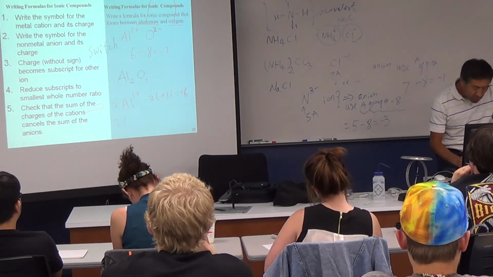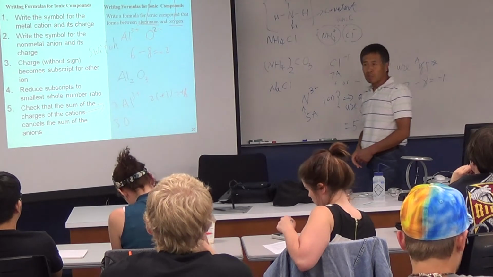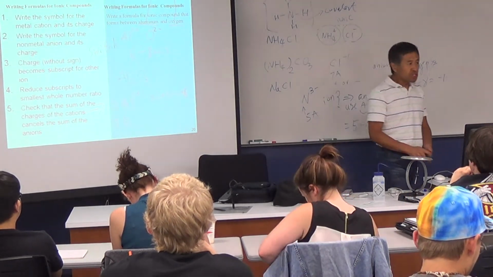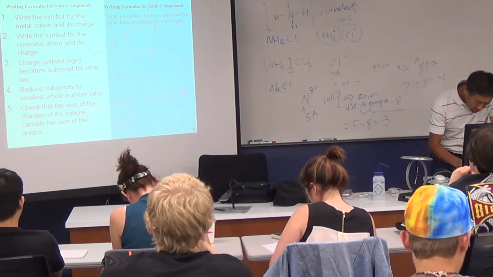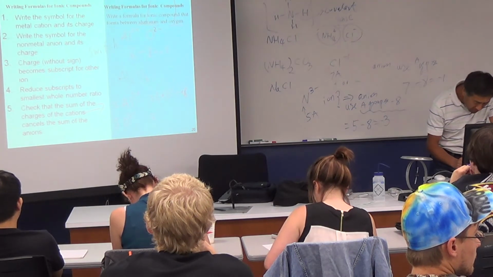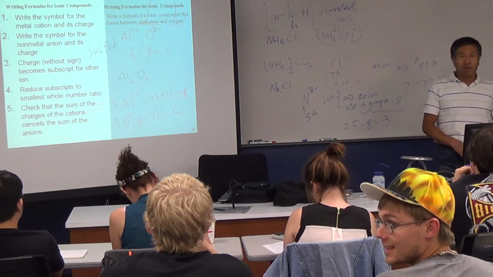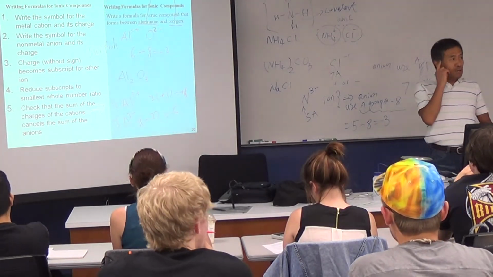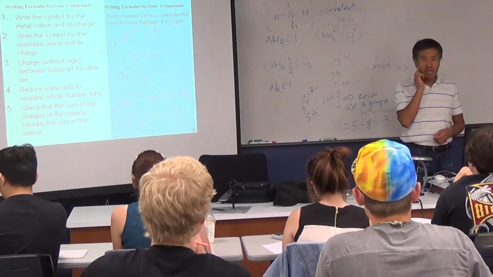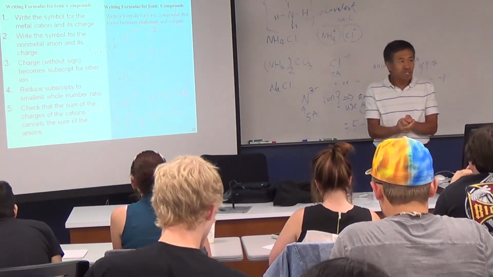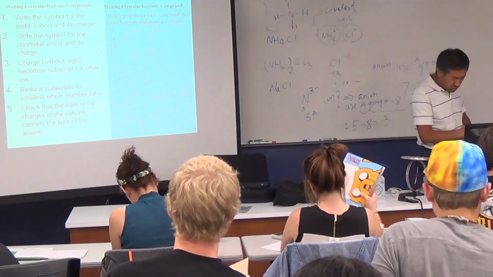Now how many O do I have? I have 3 O. What is the charge of O? And then I have 3 times negative 2 gets negative 6. All right, so that's it. So let's get ready for the lab. And we'll continue on this next week.